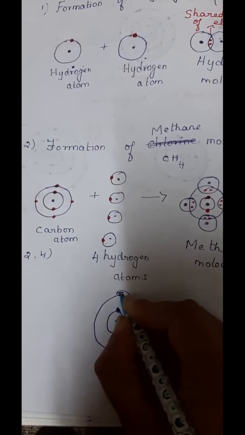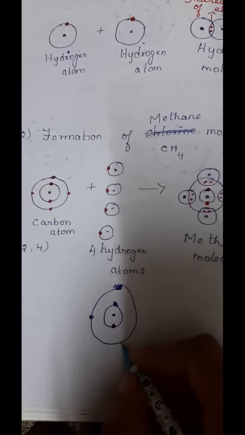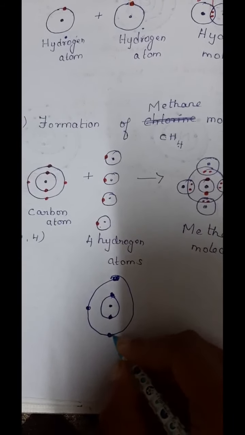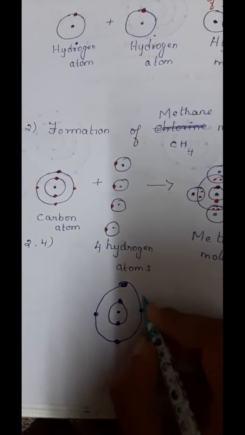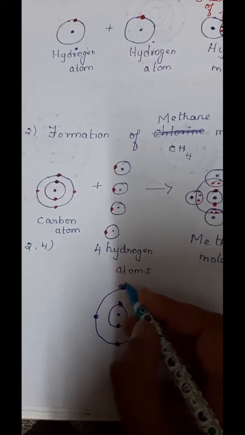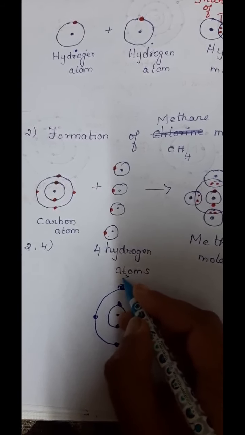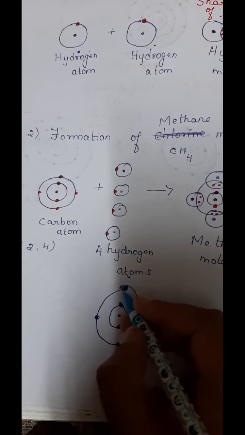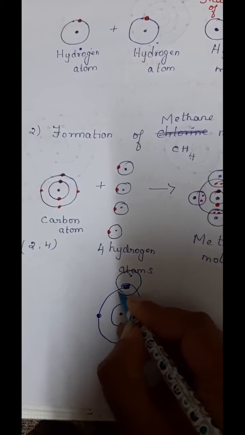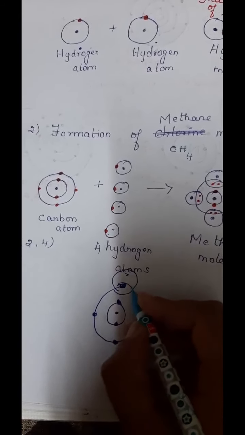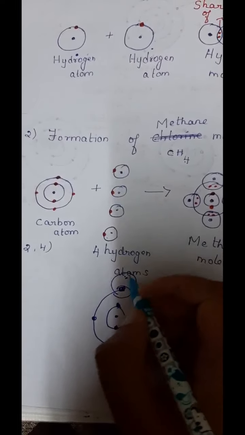So 1 electron, 2 electron, 3 electron and this is your 4th electron. This hydrogen atom is shared over here. If it is shared over here, what happens? This hydrogen is shared over here.